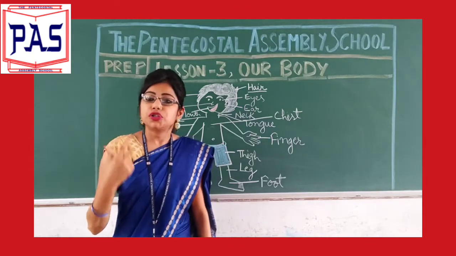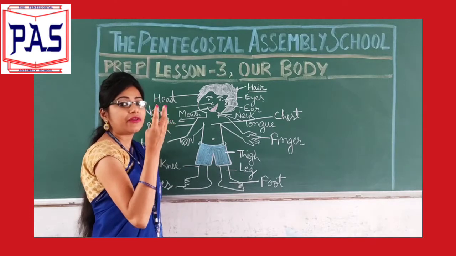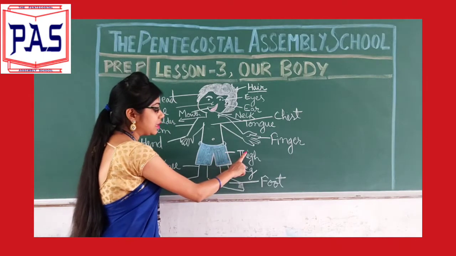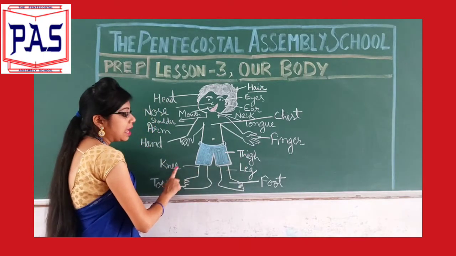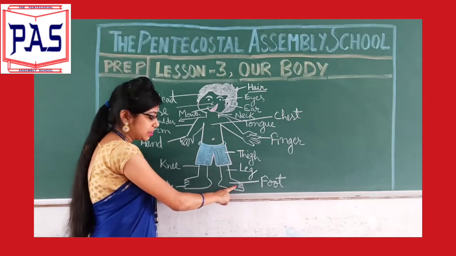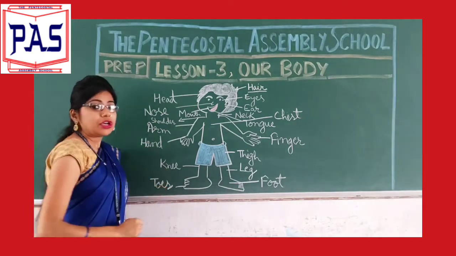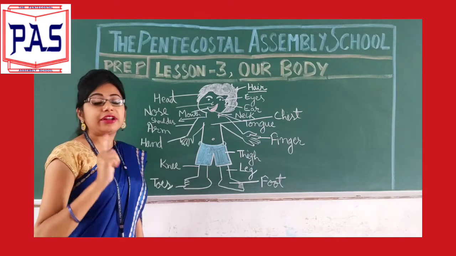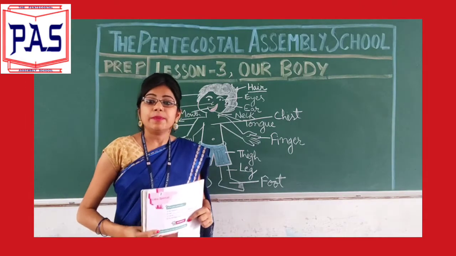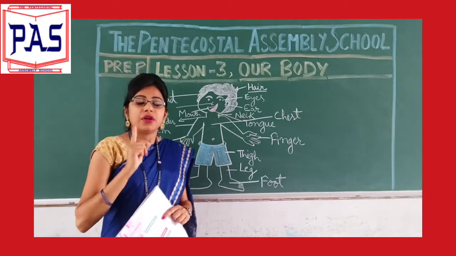And these are our fingers. Now this part of our body is called thigh. This is knee. And this one is leg. And the bottom part is foot. And like fingers, we have toes. We have 10 toes all in a row. You have already talked about this in lesson 1, Meet Us.